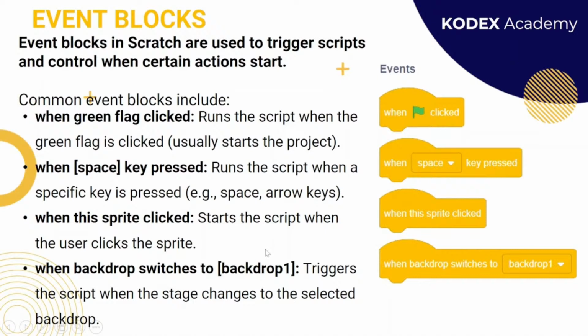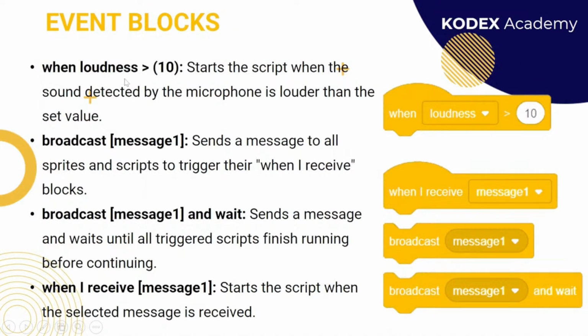Here it's mentioned: when loudness is more than 10. When you want to start your script on the basis of sound sensitivity, meaning you want to set the detection of sound with the help of a microphone, and if the loudness increases above 10 or 20, on the basis of that you will set the value.